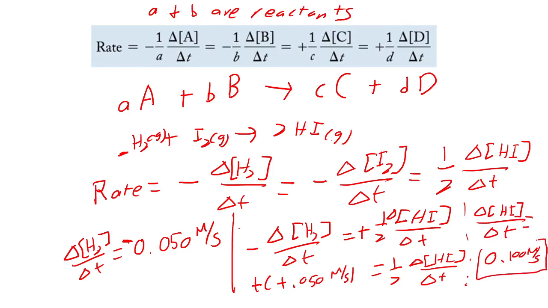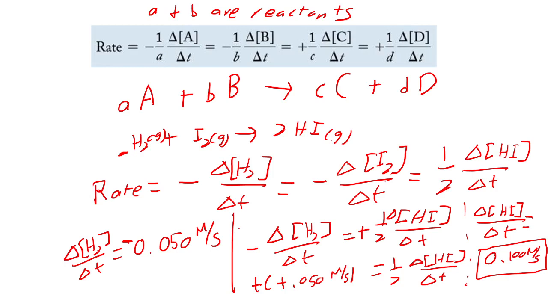That's because I multiplied by that 2. This also matches conceptually what we said on the last slide. I expect that HI should go up twice as fast as the hydrogen went down. And that's what's happening here. The hydrogen goes down at a rate of 0.05. The HI grows at a rate of 0.1. So my hydrogen iodide is growing twice as fast per second.